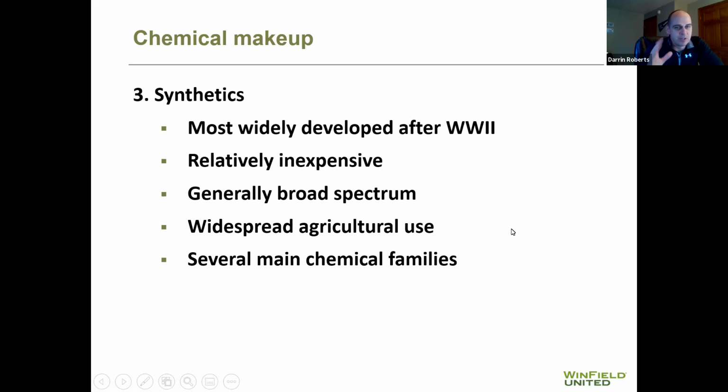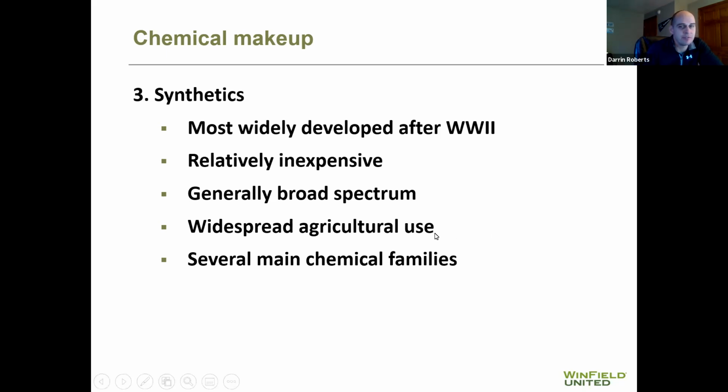Okay, so the last one, and this will be our focus for the rest of the insecticide portion, is synthetics. A lot of these were developed in the 1950s through the 1970s, so after World War II. These are relatively inexpensive. Good thing about these is, for the most part, they're broad spectrum, so they do a very good job of controlling a number of different insects that we deal with.